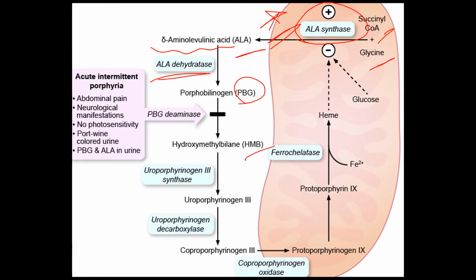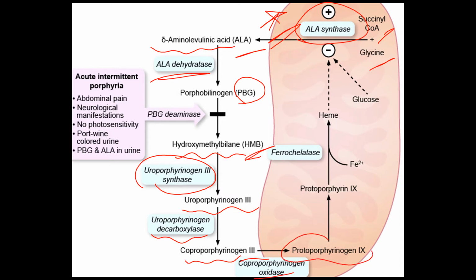It then converts it into HMB or hydroxymethylbilane. Then, with the help of uroporphyrinogen 3 synthetase, it converts it into uroporphyrinogen 3. And with the help of decarboxylase, it gets converted into coproporphyrinogen 3. And with the help of coproporphyrinogen oxidase, it gets converted into protoporphyrinogen 9.